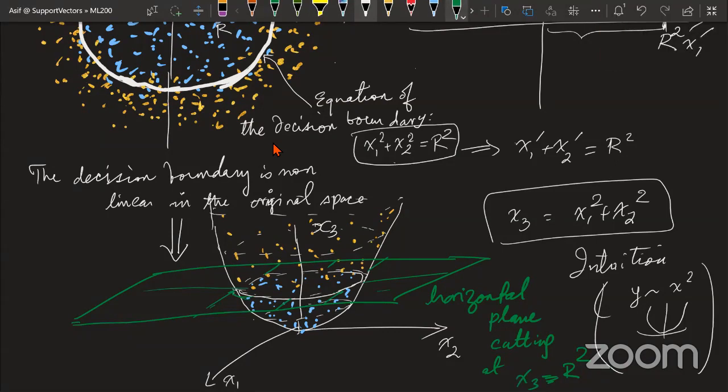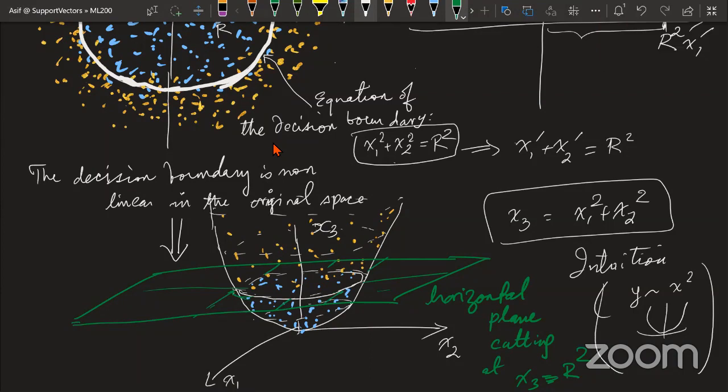All the blue and yellow data points are on the surface of that three-dimensional parabolic object. They're not inside it. That parabola is not solid, it's just a surface. The yellow points are above a certain threshold, above the plane, and the blue points are below the plane.